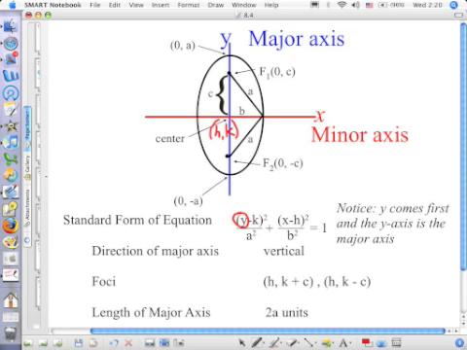So this time y comes first because it's the y-axis that is my major axis. My foci now, instead of adjusting the x-coordinate of the center, what am I adjusting? The y-coordinate of the center. The length of the major axis is still 2a units long, and the length of the minor axis is still 2b units long.